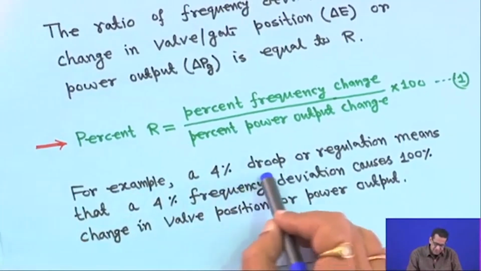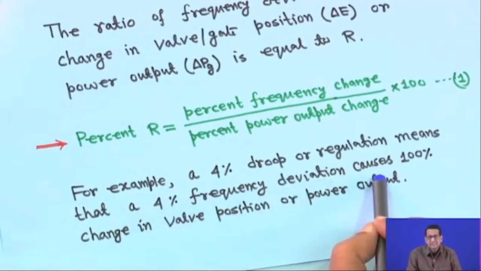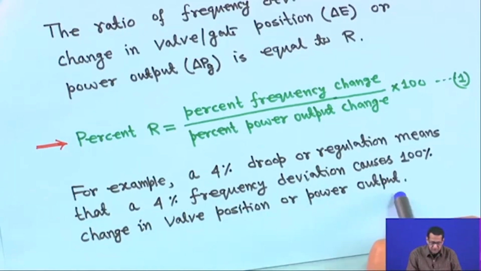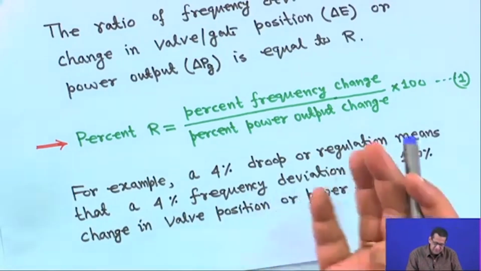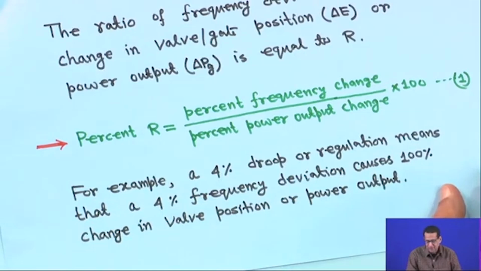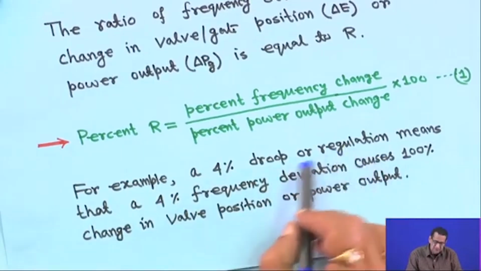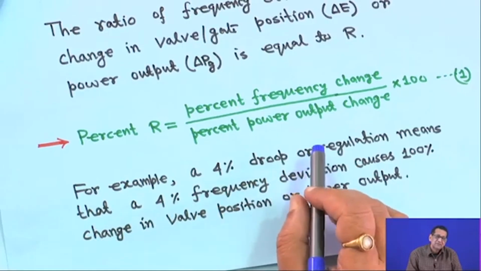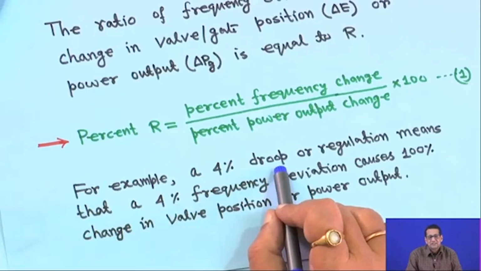For example, a 4% droop or regulation means that a 4% frequency deviation causes a 100% change in valve position or power output. Just for the sake of understanding, suppose your power generating maximum capacity is 100 megawatt, and 4% droop or regulation means, suppose your system is 50 hertz, that is 50 hertz into 4%, so it will be 2 hertz.